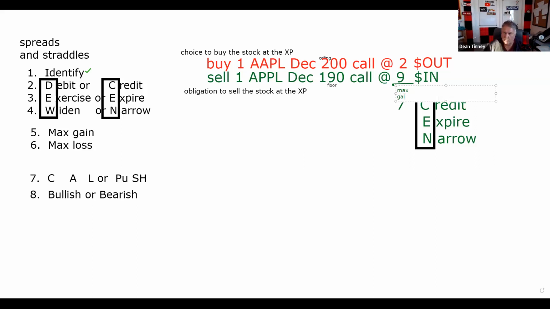Okay, so one neat trick we have as it relates to these spreads is all of the action takes place between the strikes. The thing that's nifty about that is there's only 10 points to be made or lost here. All the action takes place between the strikes.